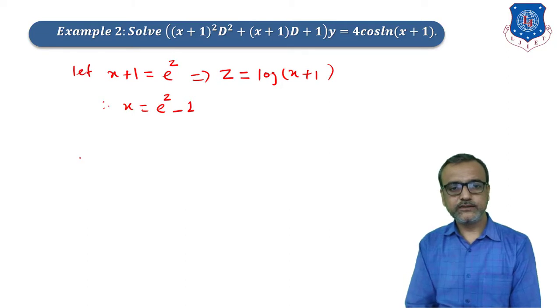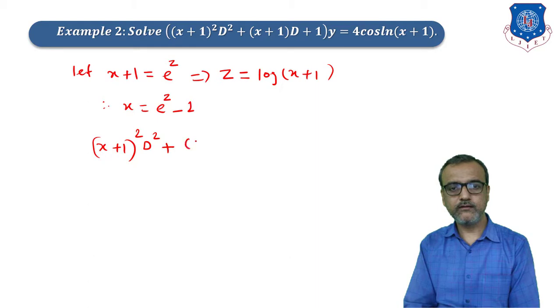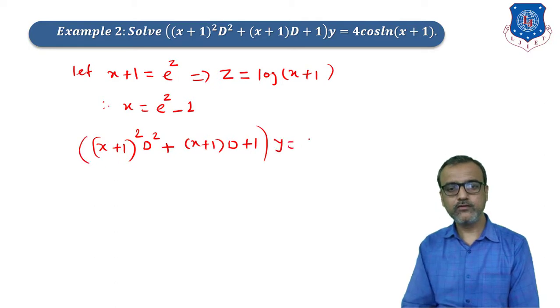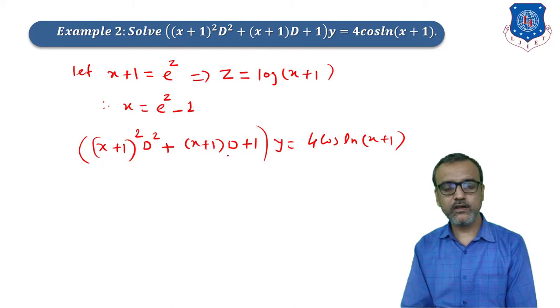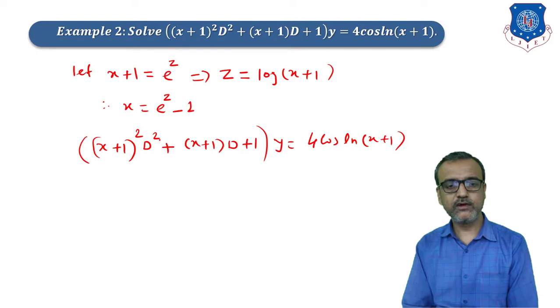Now in the given differential equation, that is (x plus 1) the whole square d square plus (x plus 1) d plus 1, y equals 4 cos ln (x plus 1). We will replace (x plus 1) d by 1 d and (x plus 1) the whole square d square by 1 square d minus 1.